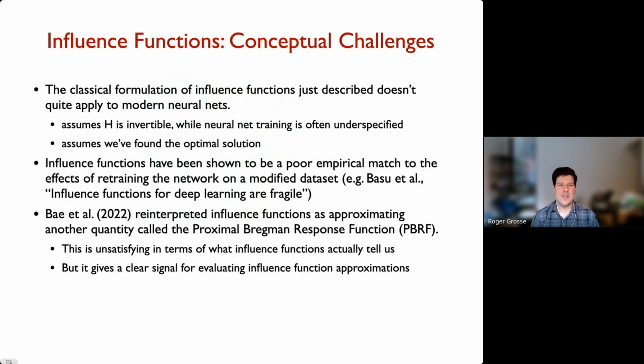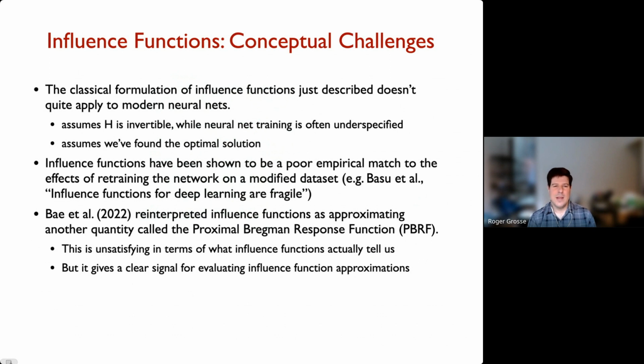Unfortunately, what I've just described doesn't quite apply to modern neural nets. There are two problems here. The first is that it assumes that the Hessian is invertible, which essentially requires there to be a unique optimum. Neural net training is, in practice, often underspecified.